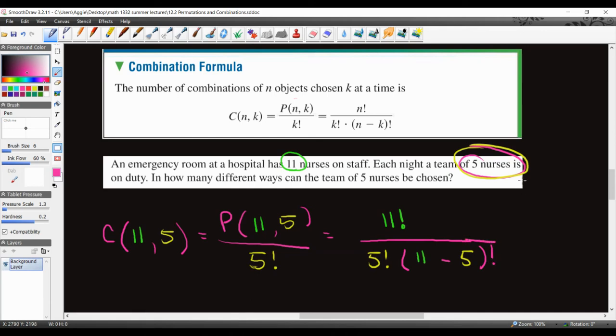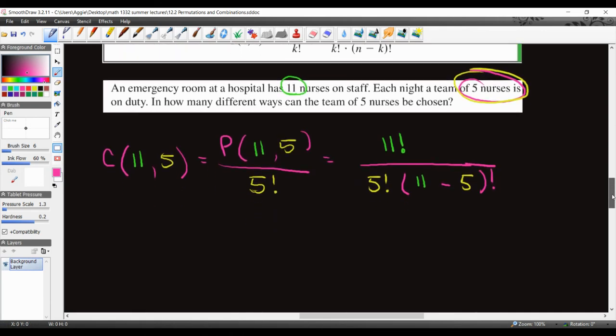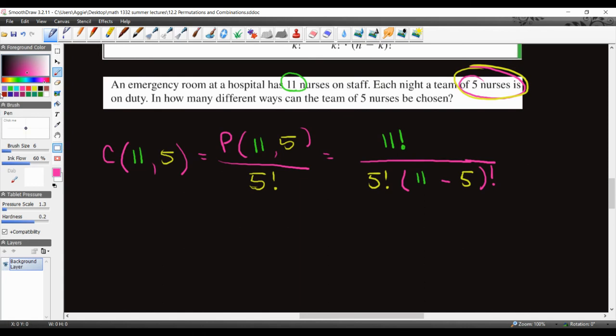So it's just a few operations we have to work out. I'm going to go ahead and scroll down a little bit. I know that this part right here, 11 minus 5, is going to give me 6 factorial. So I'm going to rewrite that as 6 factorial. And now I have all of this up here.